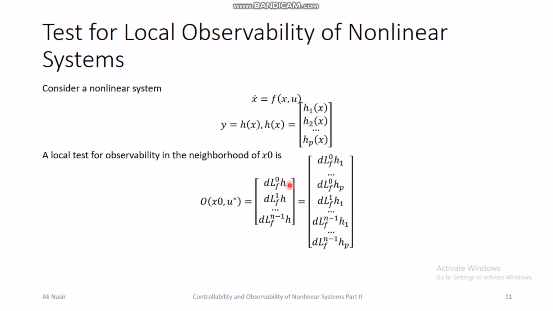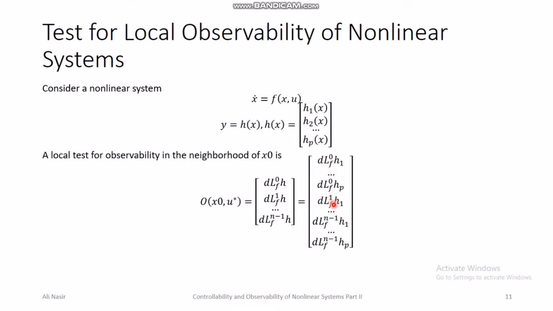So if you expand this matrix in terms of components of H, then this is the zero order Lie derivative of H1 up to the zero order Lie derivative of HP, and this whole thing will correspond to the C matrix in the linear systems, but in this case H1 up to HP are nonlinear functions.